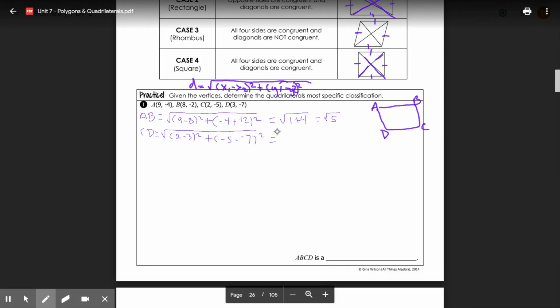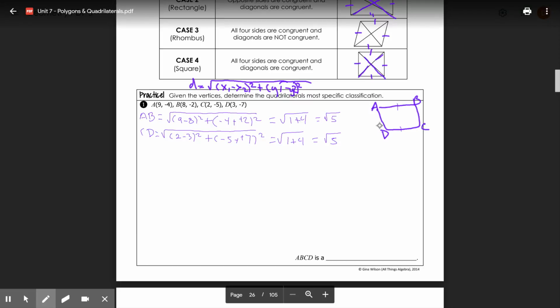So that would end up being 2 minus 3 is -1, -1 squared is 1, -5 minus -7 is the same as +7, so that would be +2, and +2 squared is 4. And so we do get the square root of 5. So we now know that these are congruent sides.